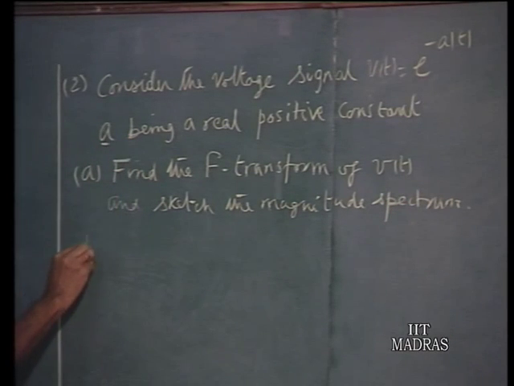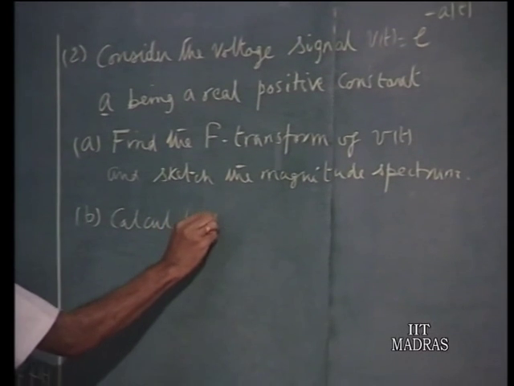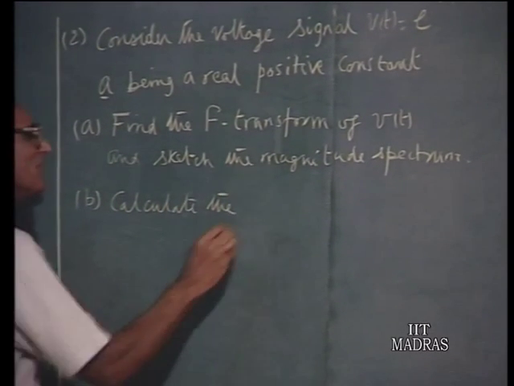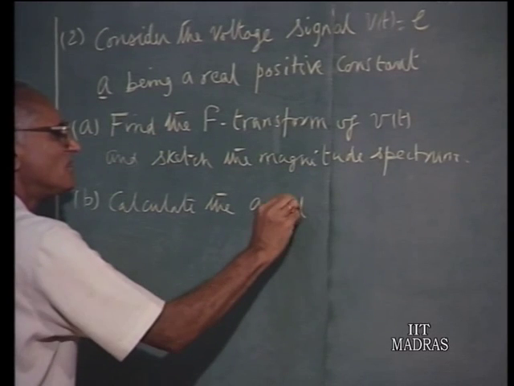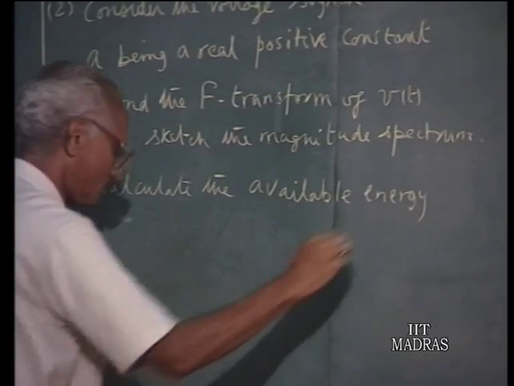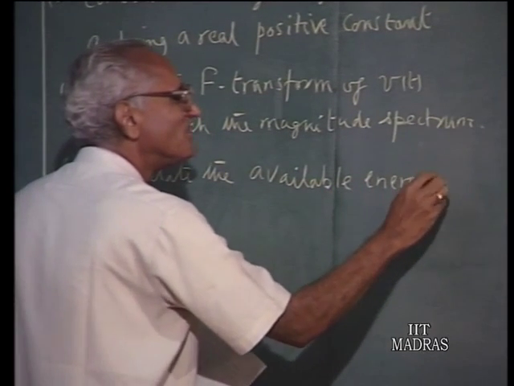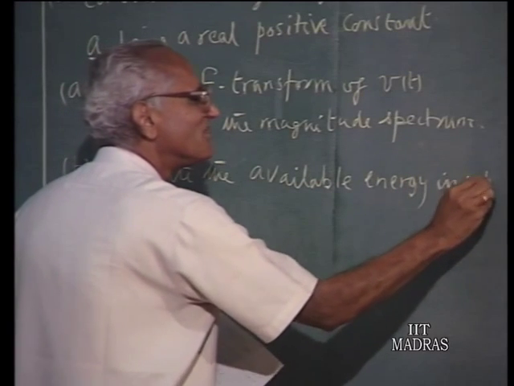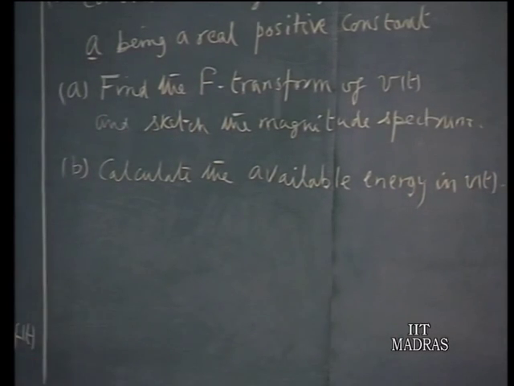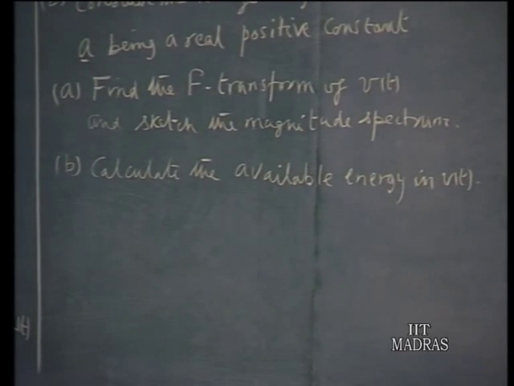B. Calculate the available energy in the signal V of t. What do we mean by the available energy? If this V of t was applied to a 1 ohm resistor, what is the energy dissipated in that resistor R?